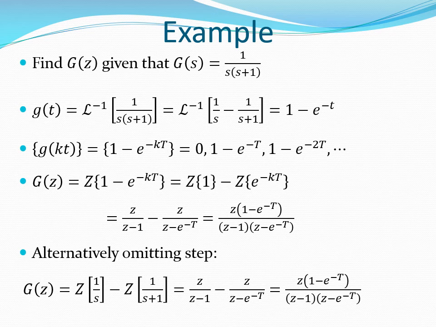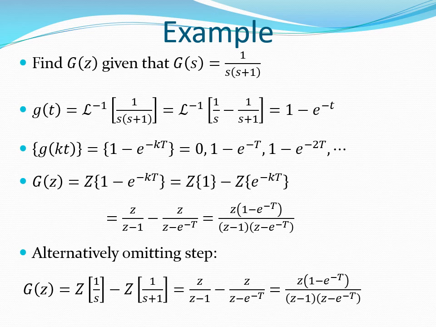The third step is to determine the Z transform of the sequence g(kT). The result will be G(z), and the expression for G(z) that we obtain is z(1 minus e to the minus T) all over (z minus 1)(z minus e to the minus T). Then alternatively, we can obtain our G(z) directly from the TF.